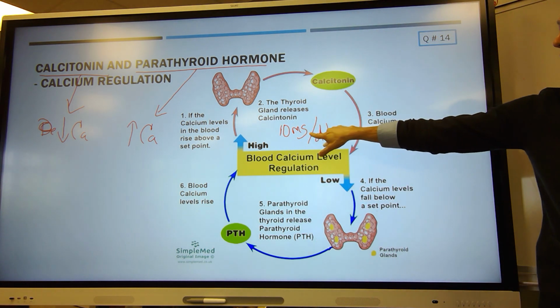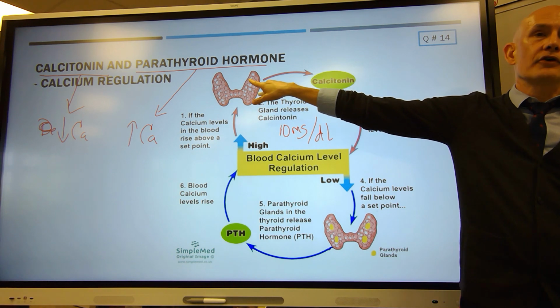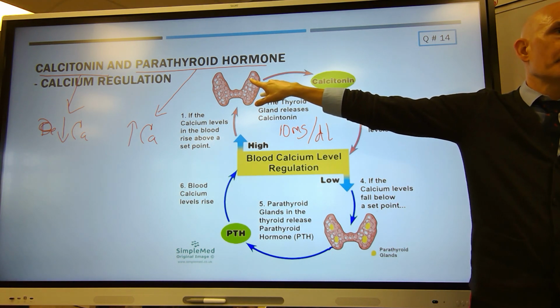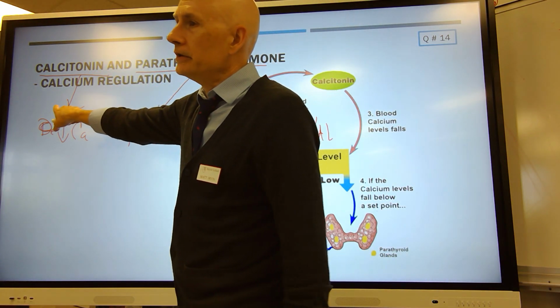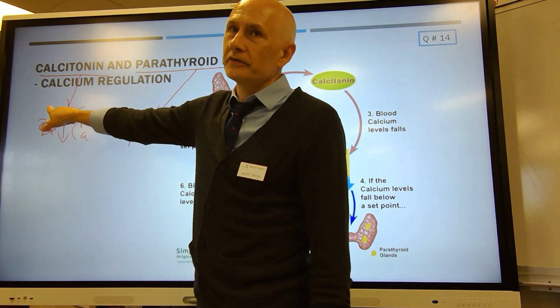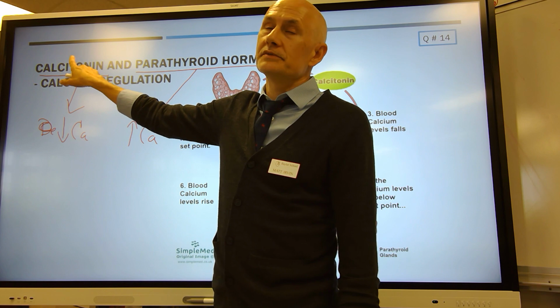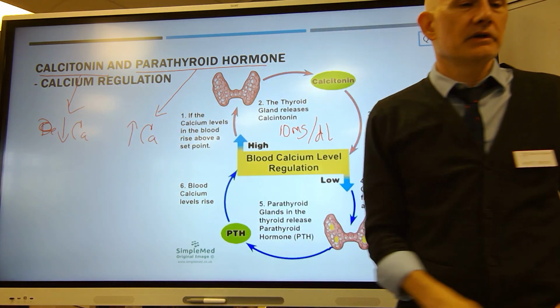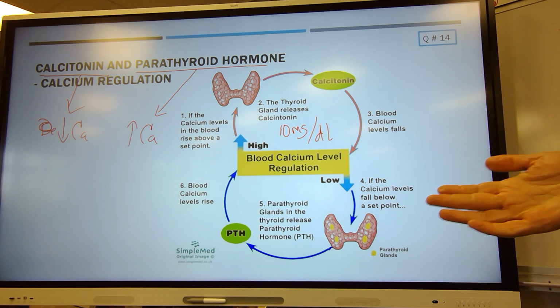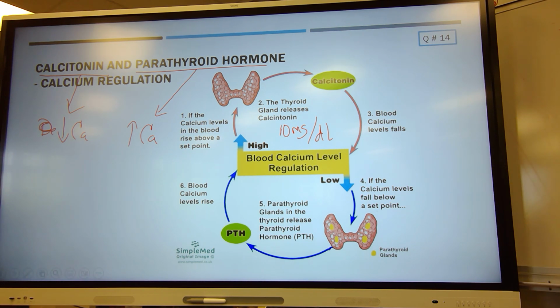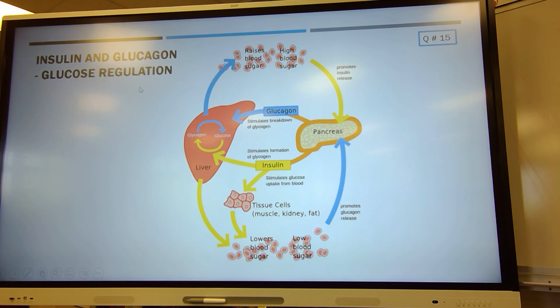So if you drop below that, parathyroid gets released to break down your bones. If you are above that, calcitonin, remember calcitonin tones your bones and makes them stronger. It absorbs the calcium into your bones. It also plays into vitamin D activation and the role of the kidney absorbing and secreting calcium.